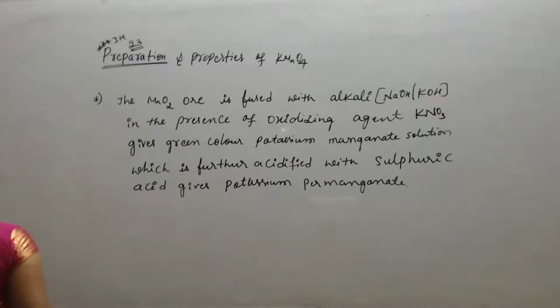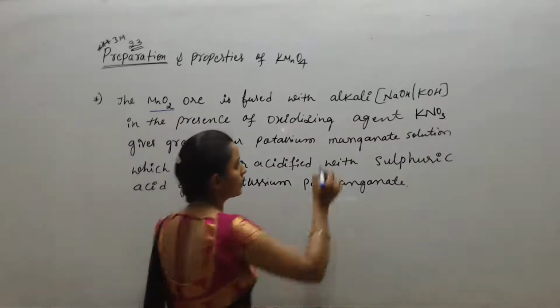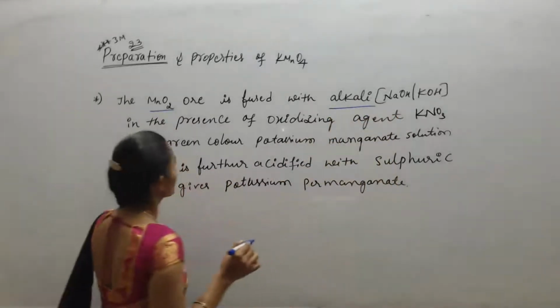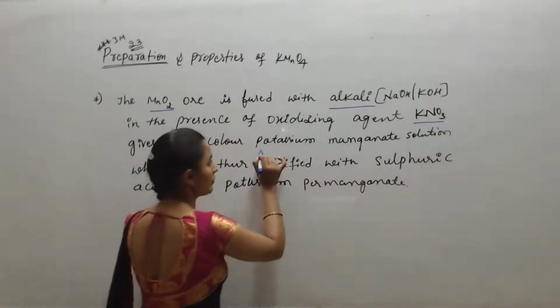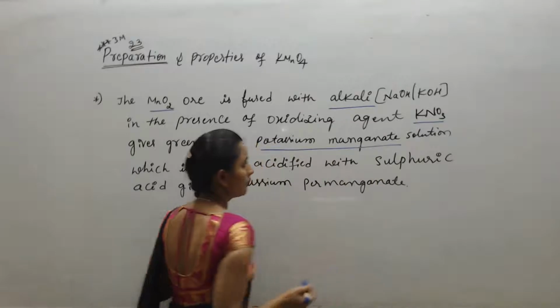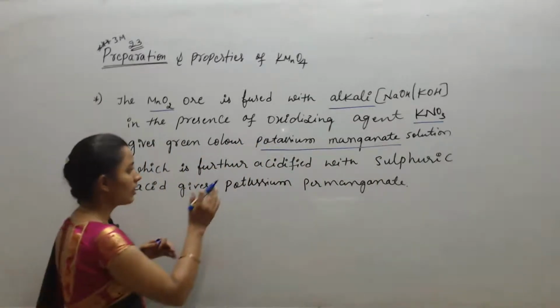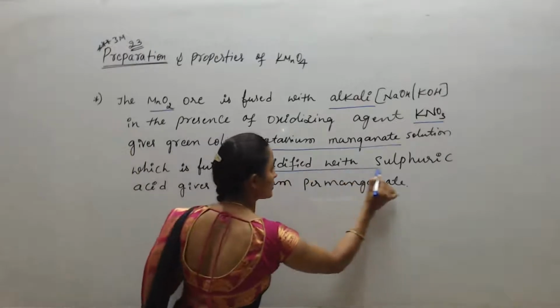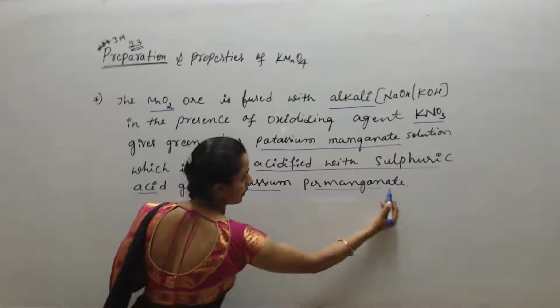So here what they said: MnO2 is fused with alkali in the presence of an oxidizing agent KNO3, then it forms potassium manganate. This potassium manganate, further acidified with sulfuric acid, gives potassium permanganate.